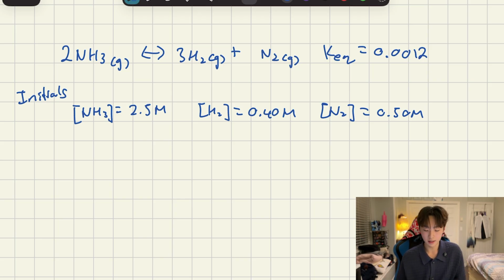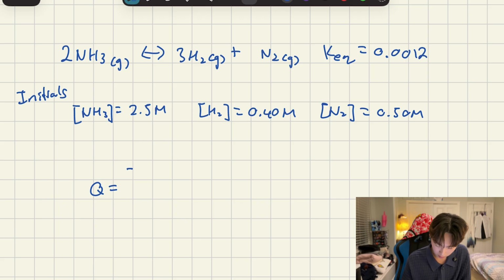So how we do that is by doing what's called a trial KEQ, or you could call it Q. And I'll explain how we do it, but first let's just find what trial KEQ is. And we do that by taking the initial concentrations and doing a KEQ calculation with that.